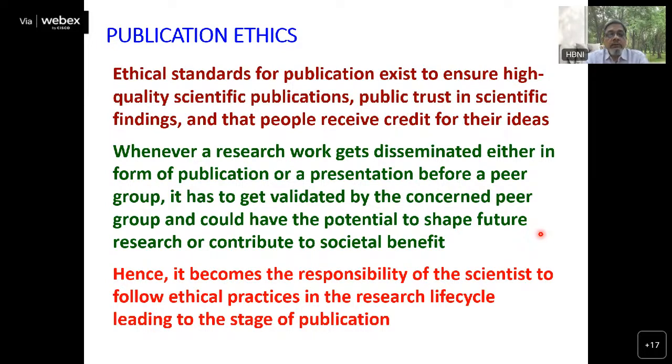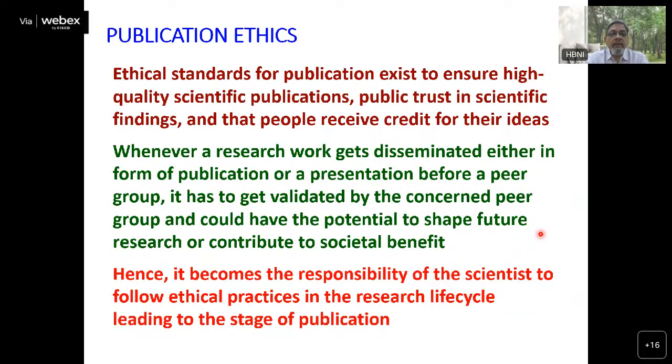Whenever a research work gets disseminated, either in the form of a publication or a presentation before a peer group, it has to first get validated by the concerned peer group. As soon as you publish your research work, it is not going to be effective immediately. That research work has to be accepted by the larger community in that area of research, who will validate it and say that yes, what you have done is something very useful or great.